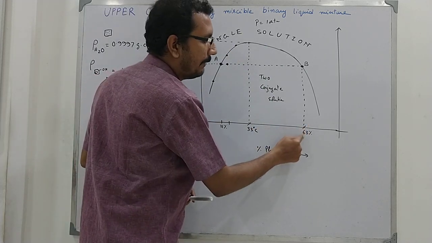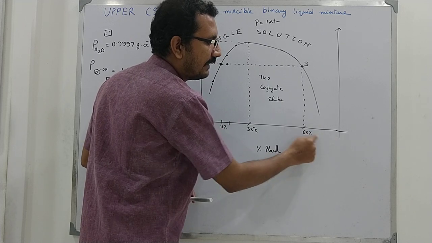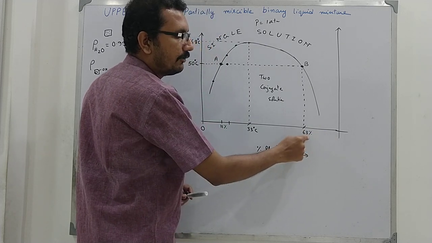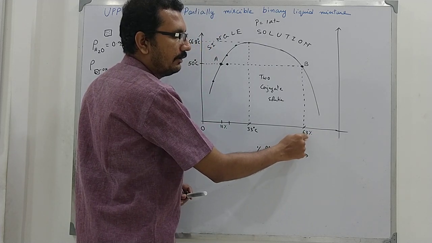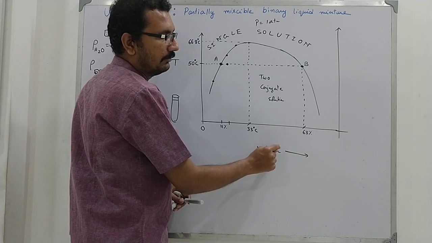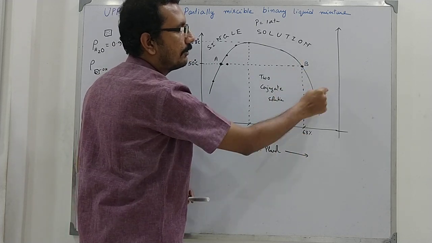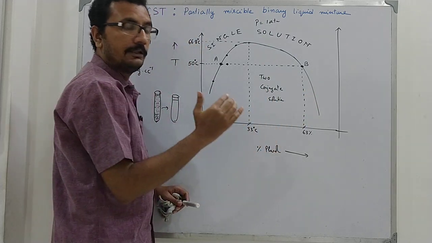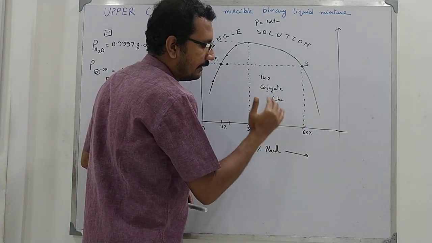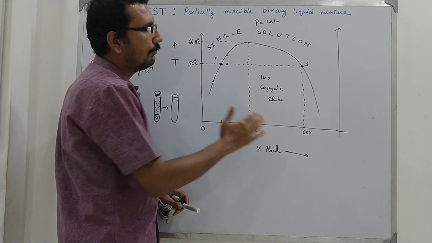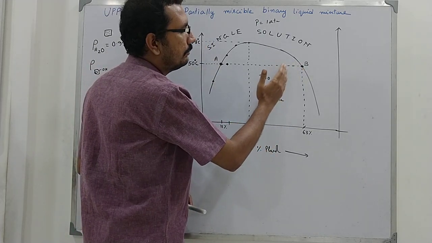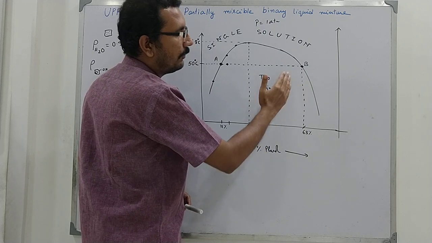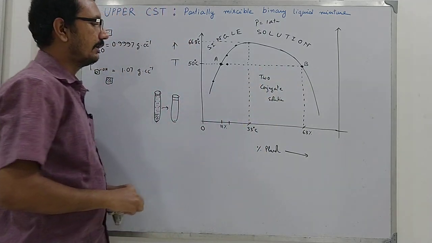Again, after this, there will be less amount of water and it will get completely dissolved within the phenol, so it will be a single solution. And below this, the amount of water is greater than the saturation, so the water will form a different layer.